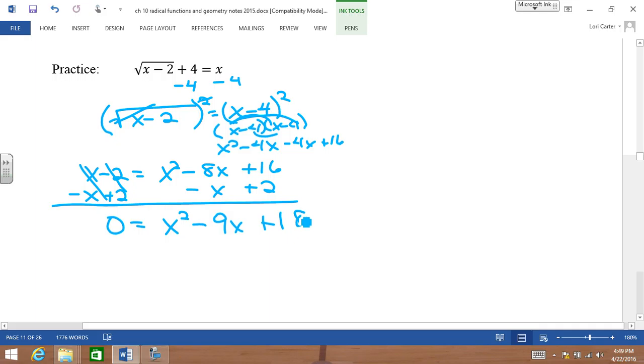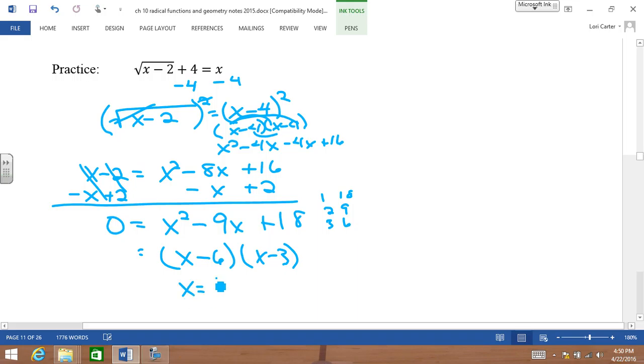Factors of 18 that give you 9 are 6 and 3. So that's x minus 6, x minus 3. Off to the side, I should be seeing 1 and 18, 2 and 9, 3 and 6, whatever you need to do so you get to your factors.